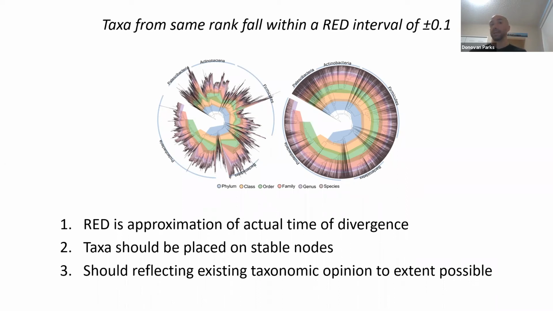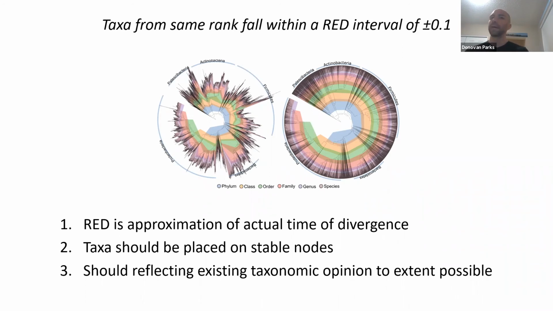The first is that, as I've explained, relative evolutionary divergence is an approximation for what we'd really like to do, which is have taxa coexist at the same time in the past. But that's just not practically possible, so we're using this approximation. The second is that we would like to put taxa on stable internal nodes. You need to put a family on an actual node in this reference tree.